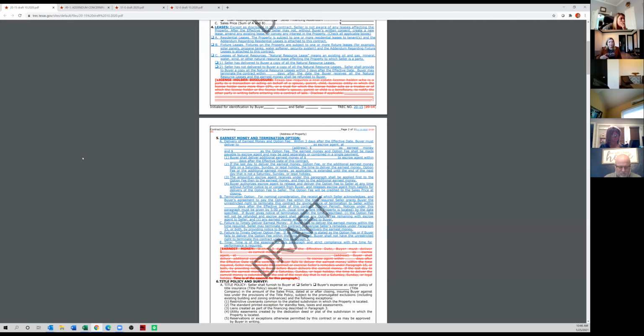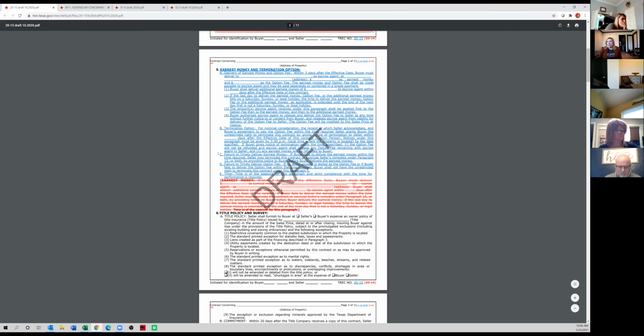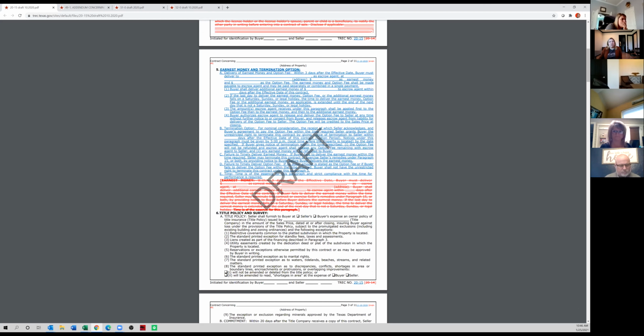So if you have a related party that you're doing the contract for, or it's you, they just moved it. It's not that it went away. It's just down there in paragraph 8. All right, earnest money and termination option. This part of the contract is now giving the parties a right to deliver both the earnest money and the option fee to the escrow agent.